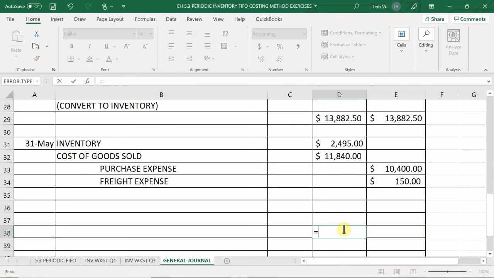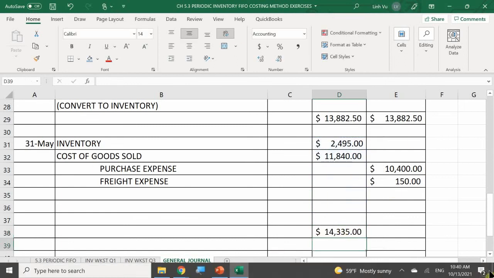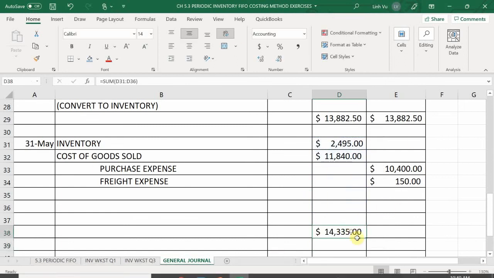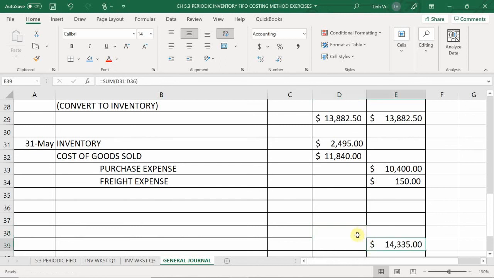Okay. So let's go ahead and plug these numbers in and test if our total debits match my total credits. So equal sum. So I have 14,335 on the left, and I have 10,550 on the right. How much am I actually missing?